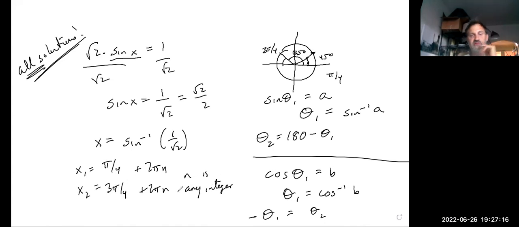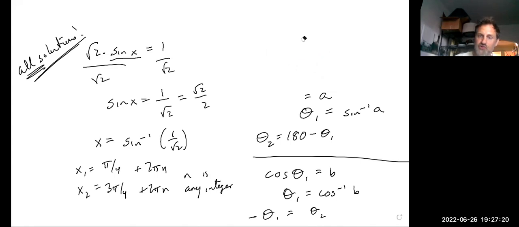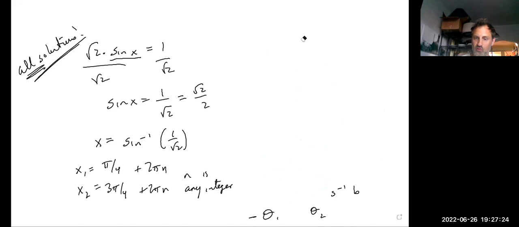So what the heck is going on with this 2 pi n? Well, basically, I know that every 2 pi step away from whatever angle works will be another angle that works, because it's going around in a full circle. So I think about the unit circle. If I'm here and I go around 2 pi, I'm back to the same point. So that's another solution.